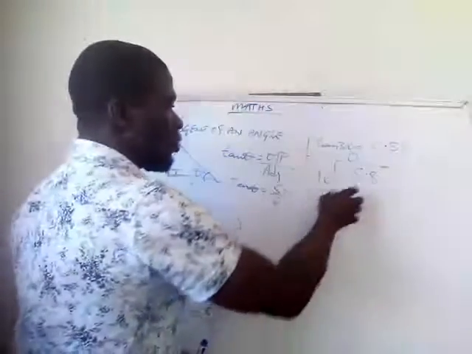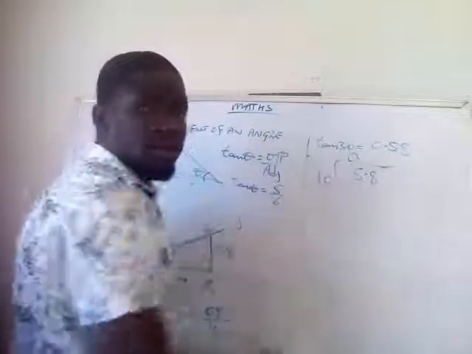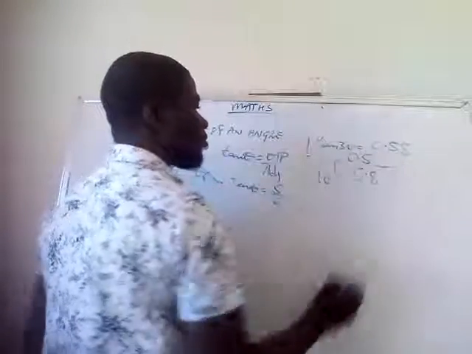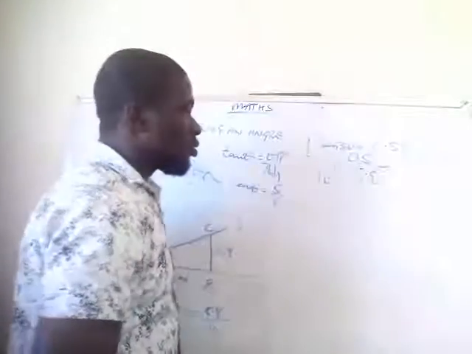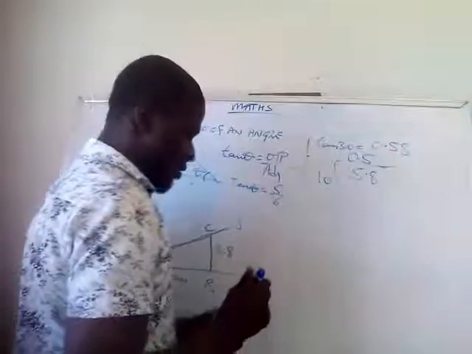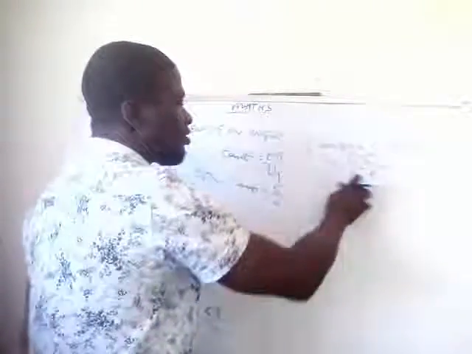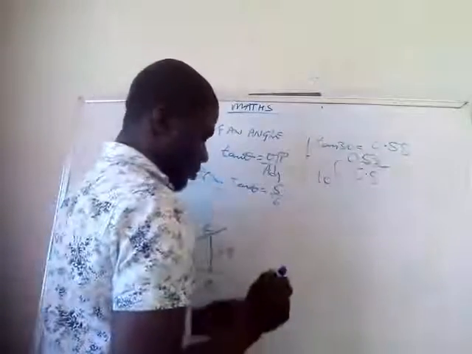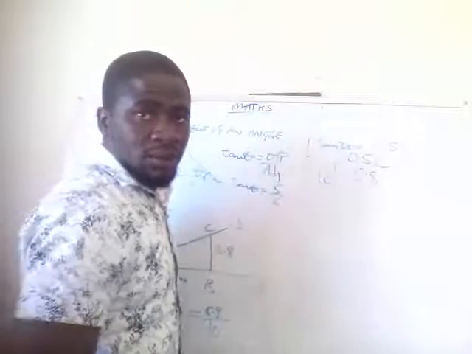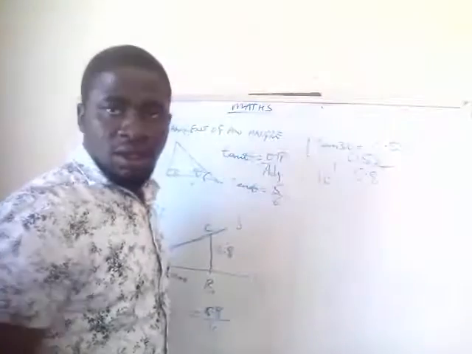Then 58 divided by 10 will give me 5. Then this will be 80. 80 divided by 10 will give me 8. My marker is giving me a headache, I don't want to write it down. But this is how we got 0.58.